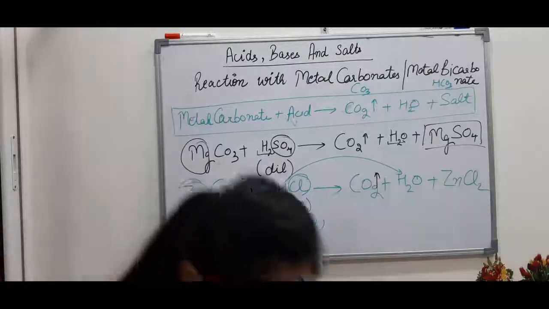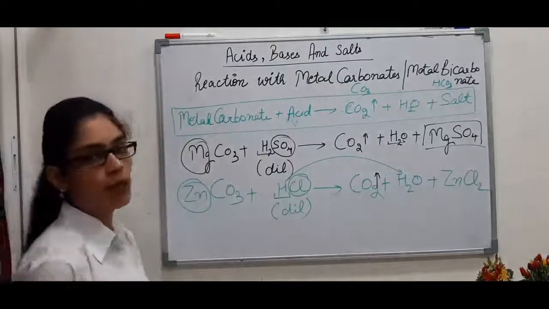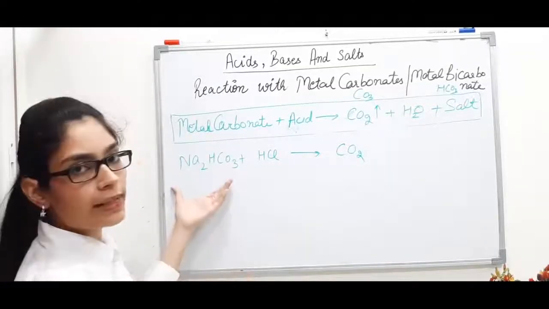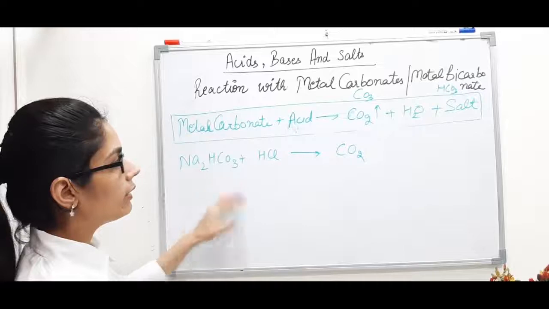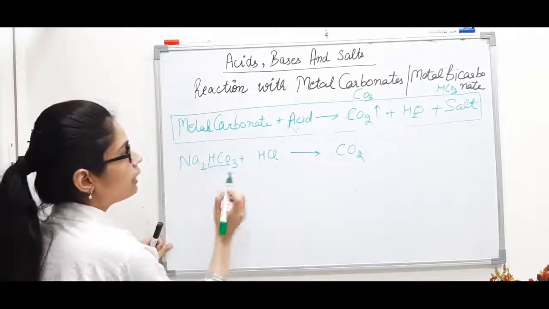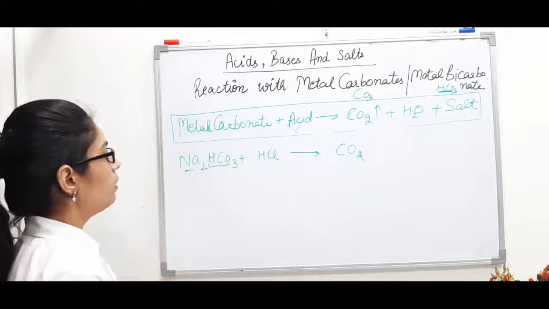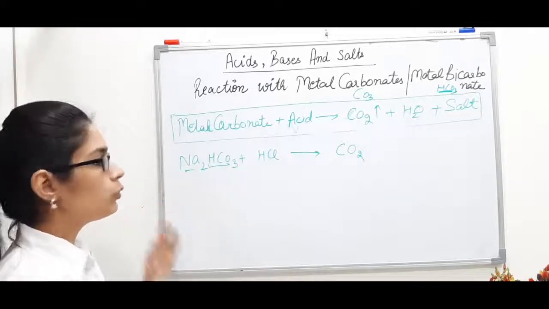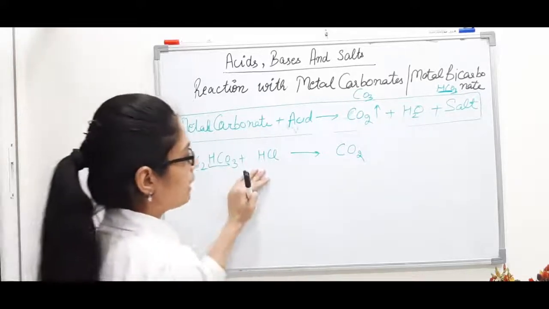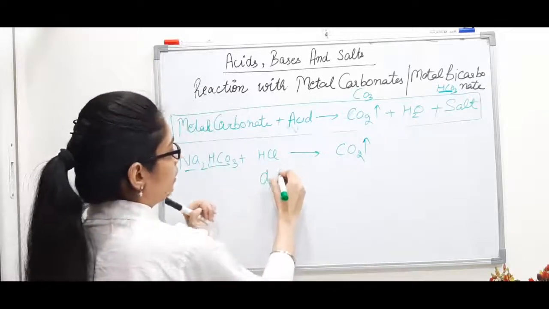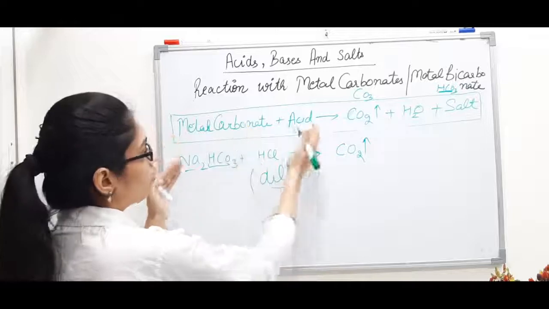Now let's take one example with metal bicarbonate. So we are taking sodium bicarbonate. I told you HCO3 means bicarbonate. Sodium is the metal. So metal bicarbonate is sodium bicarbonate plus HCl. This is acid in dilute form. So I have written one reaction.